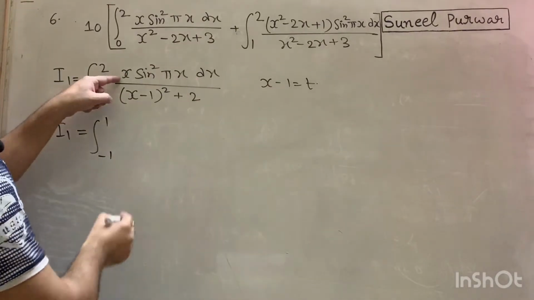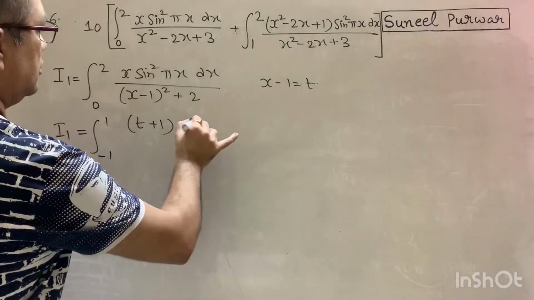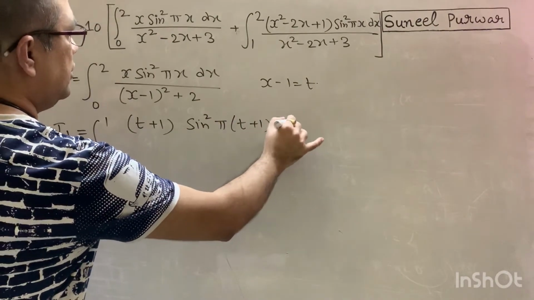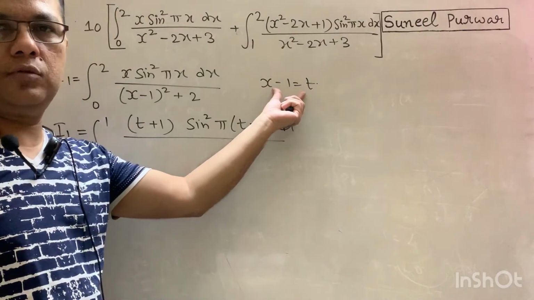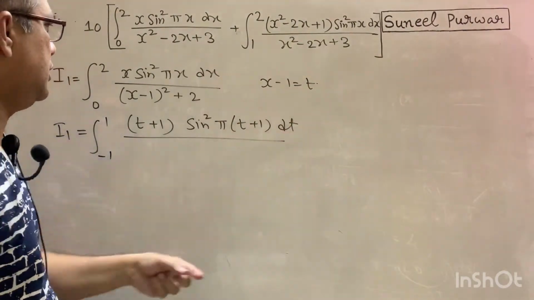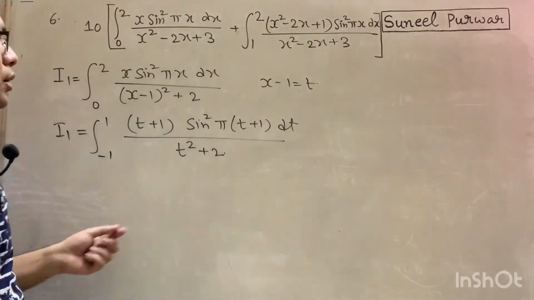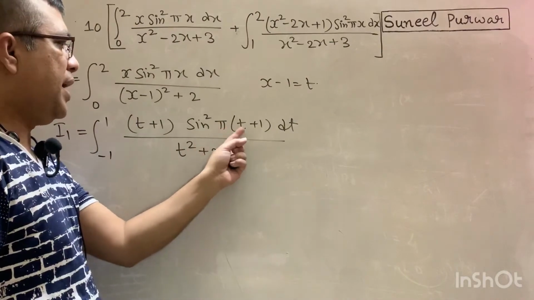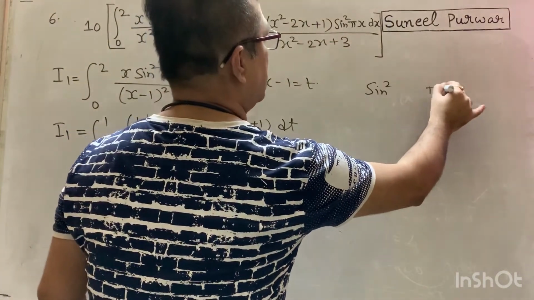Okay. This will become (t plus 1) sine square pi (t plus 1) dt. This will mean dx is equal to dt. So dx becomes dt, and this will become t square plus 2. Now this is nothing but sine square (pi t plus pi).